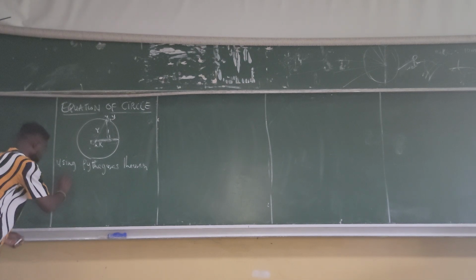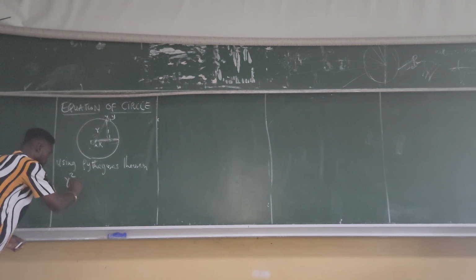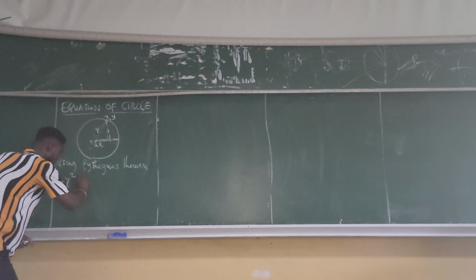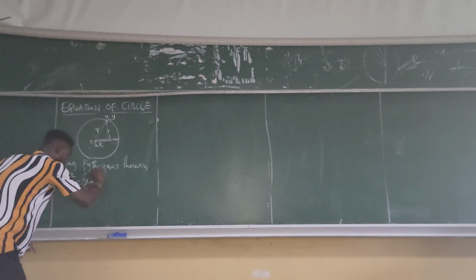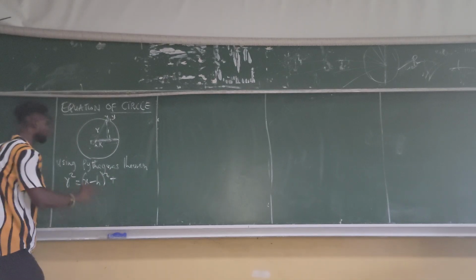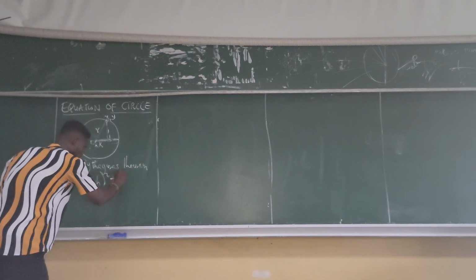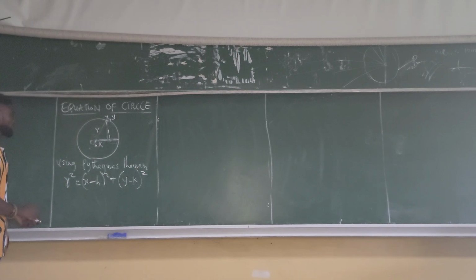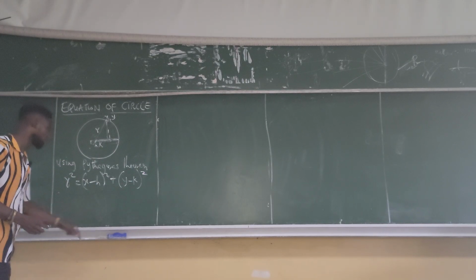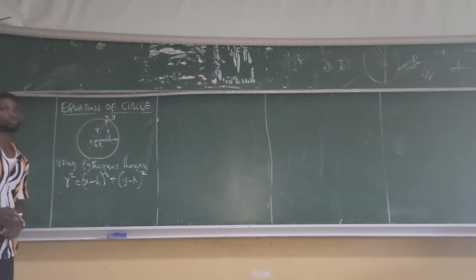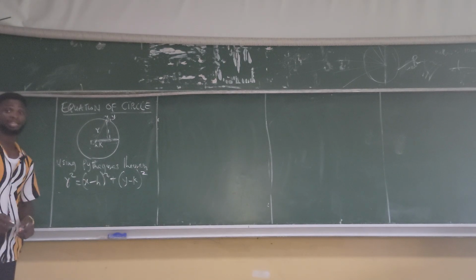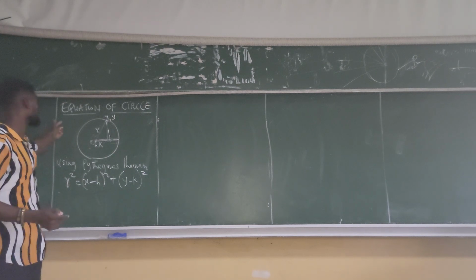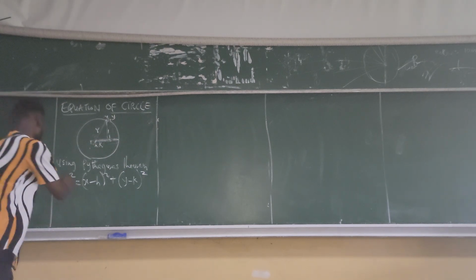So r squared will equal (x minus h) all squared, plus (y minus k) all squared. So this becomes the equation of this circle. Now we are going to take an example regarding the equation of a circle.